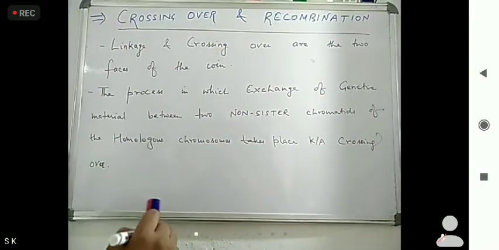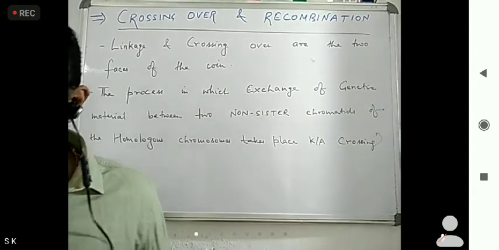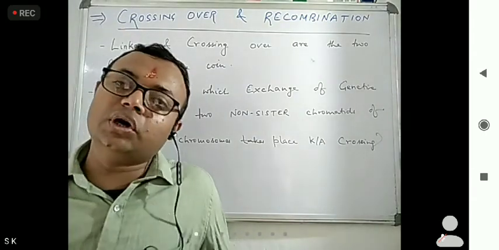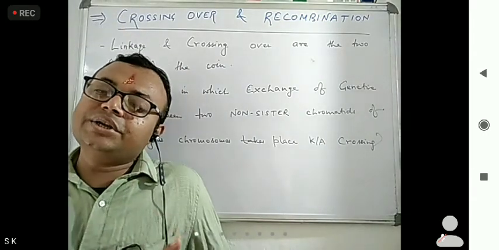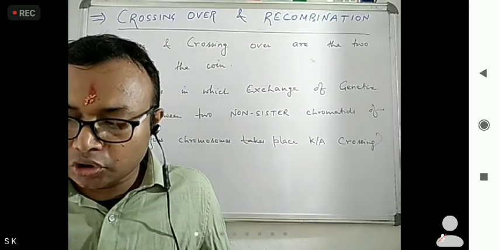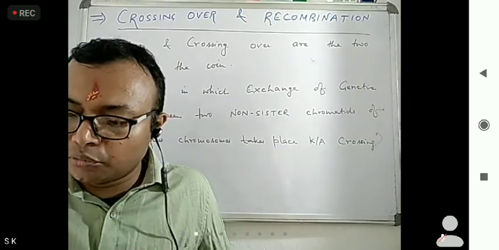That is known as what? Crossing over. Now, we already know that linked genes are present on where? On a chromosome, a pair of chromosomes, homologous chromosomes.